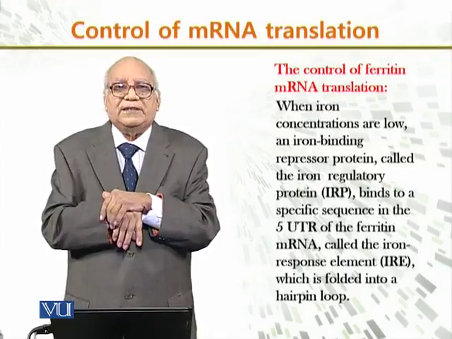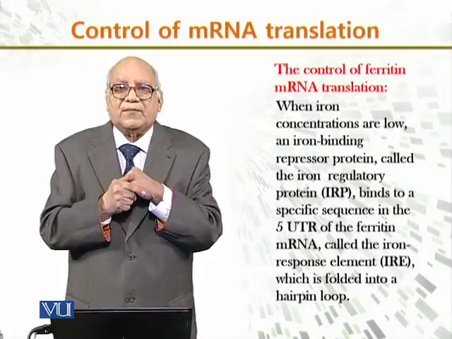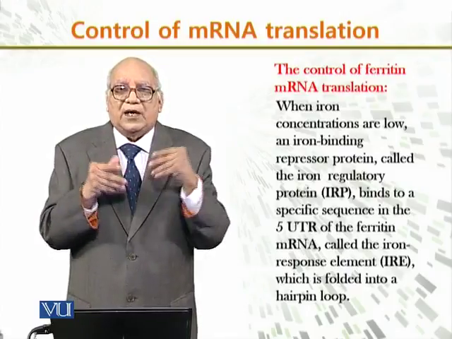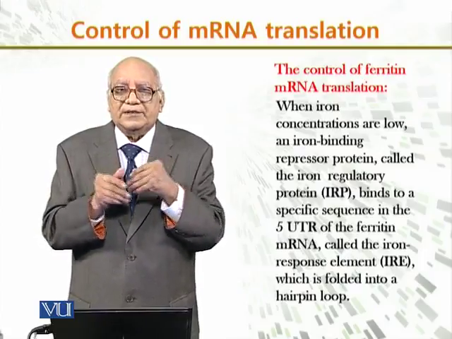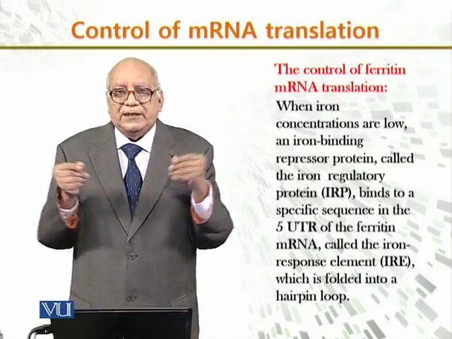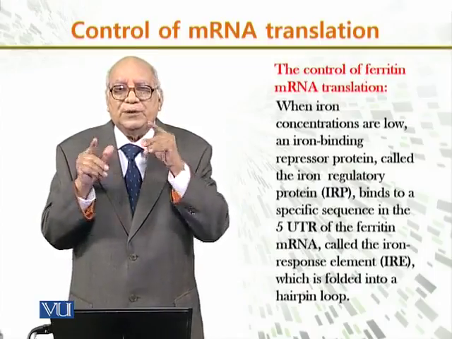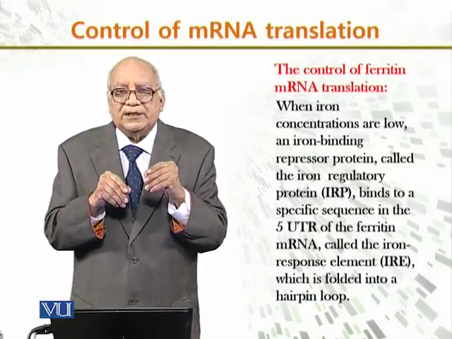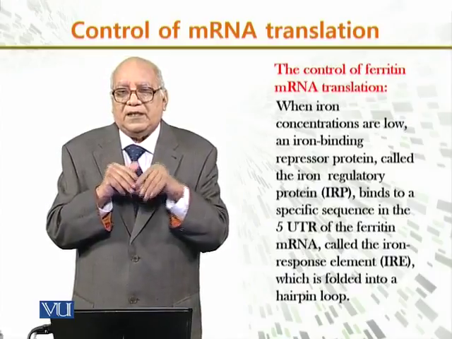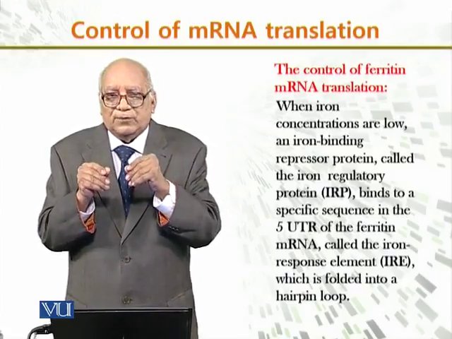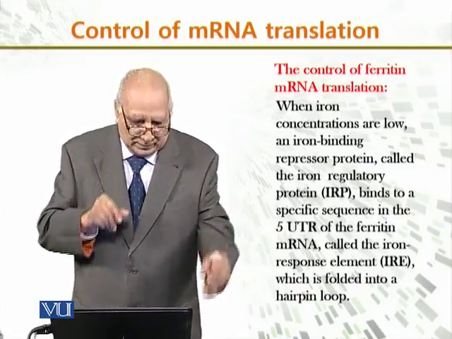When iron concentrations are low, the iron regulatory protein IRP binds to a specific sequence in the 5' UTR of the ferritin messenger RNA, called the iron response element, IRE, which is folded into a hairpin loop.